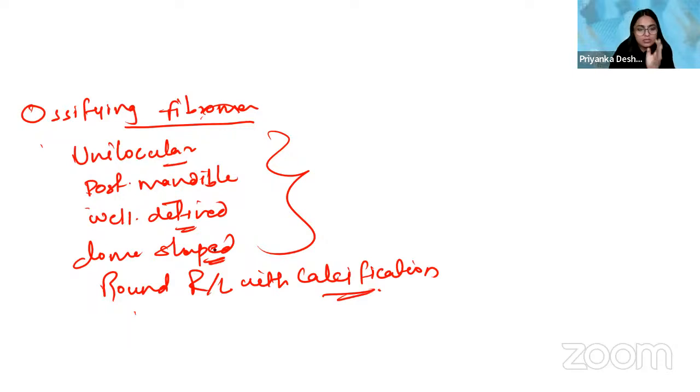The ossifying fibroma will be seen as a dome-shaped enlargement, whereas fibrous dysplasia is mostly a rectangular enlargement of the bone.